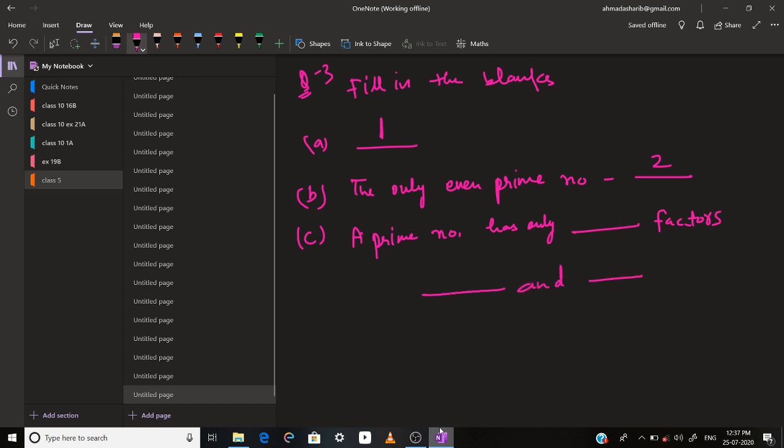So you will fill: a prime number has only two factors, 1 and the number itself.